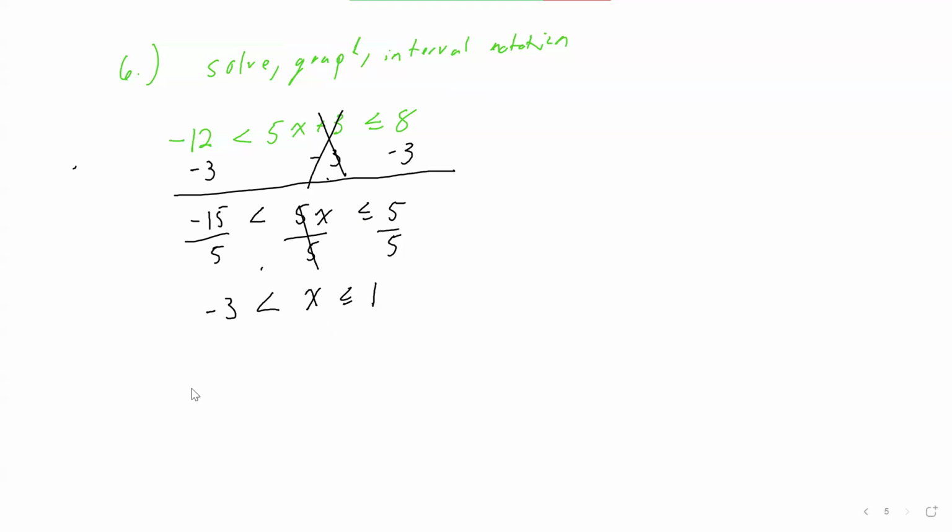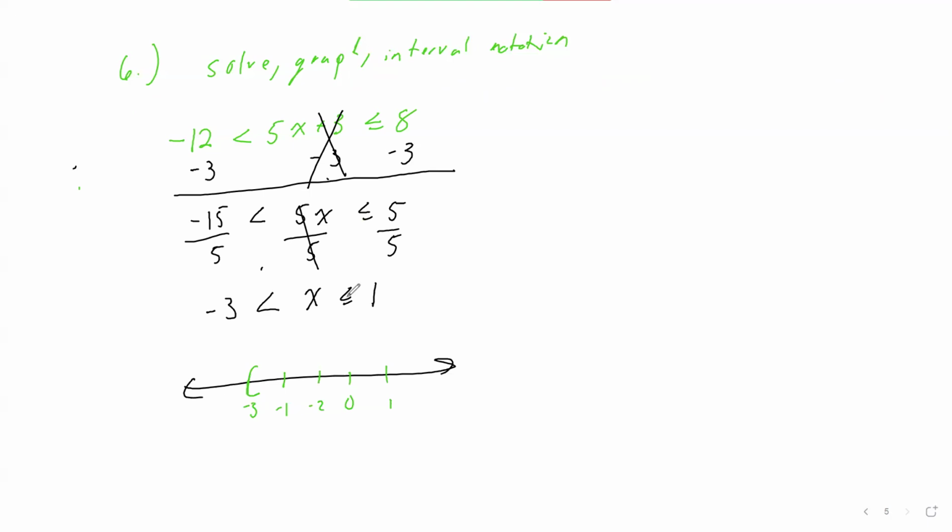So now we're going to graph this. I have negative 3 right here, then negative 2, negative 1, 0, and 1. I go to negative 3. It has a parenthesis, so I'm going to put a parenthesis there.